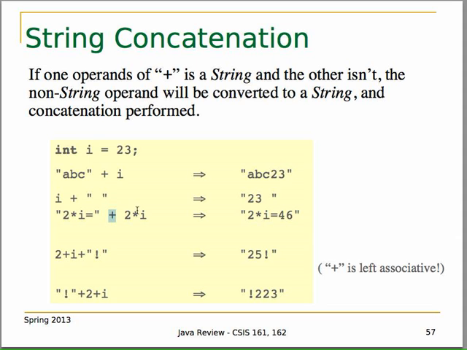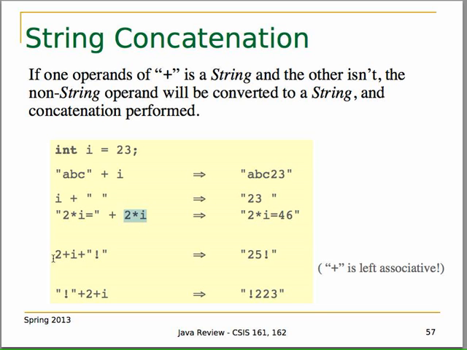On the other hand, if this was a 2 plus i, this would print out 2 times i equals 223. So if you had a plus over here, you go left to right, and you would see the string 2 times i equals 223. That is a little bit confusing. So if you want to make sure that you do this operation first, you have to put parentheses around it. And it's always a good idea to put parentheses to clear up which things you're doing first.